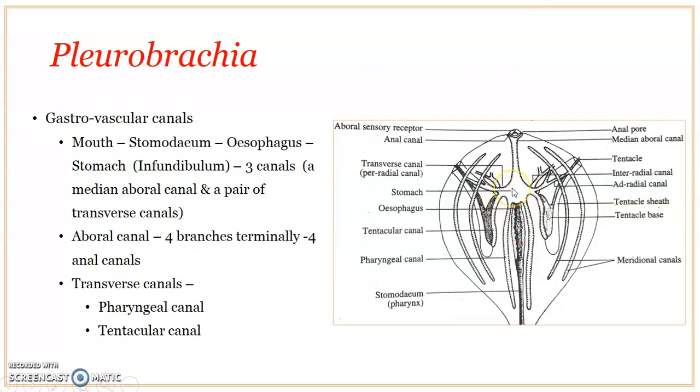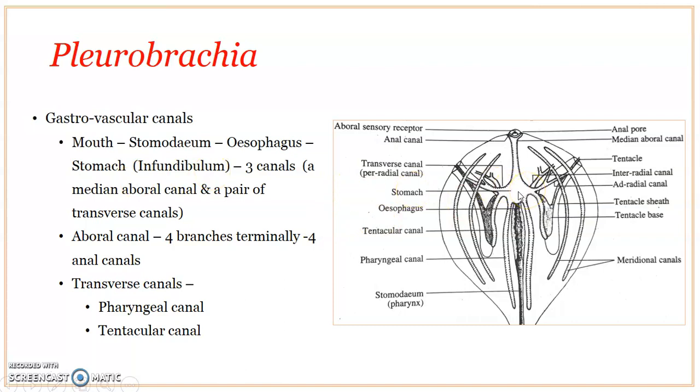The stomach is also highly flattened, and the pharynx is also flattened, but the flattening of the stomach is almost 90 degrees to the flattening of the pharyngeal region. The stomach is otherwise referred to as the infundibulum, or otherwise also referred to as frenul.